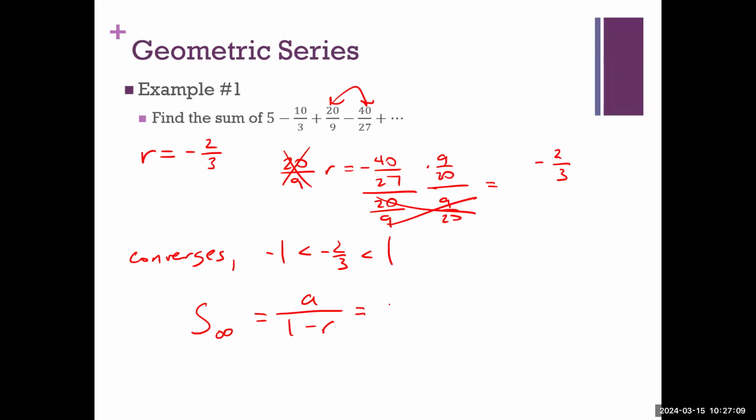So what's our first term here? 5 divided by what? 1 minus negative 2/3, which is 5/3. So what's the final sum? The final sum is 3.